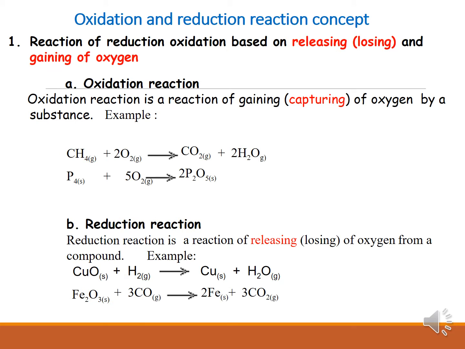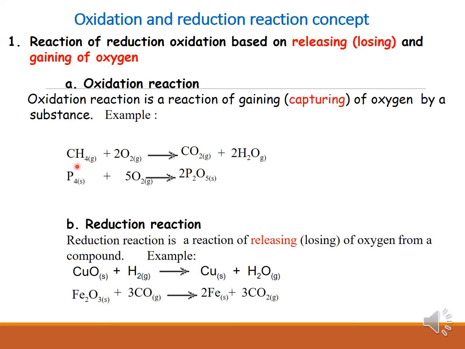Children, the oxidation reduction reaction concept on the basis of gaining and losing oxygen. Oxidation reactions are those reactions where any atom in a compound is added with oxygen to form a product. For example, here the natural gas is burning.